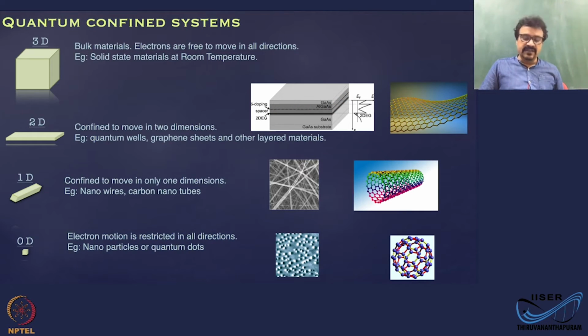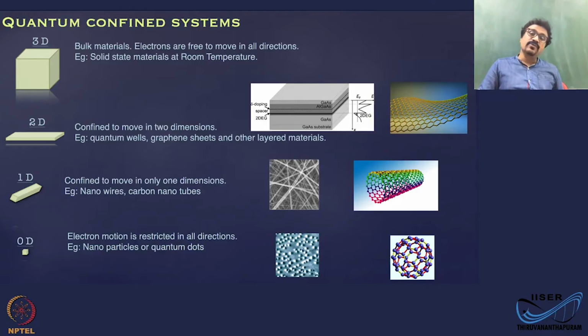For example, the gallium arsenide and aluminum gallium arsenide interface. Those are called quantum well heterostructures, where you have a two-dimensional electron system which is confined at the interface between gallium arsenide and aluminum gallium arsenide.